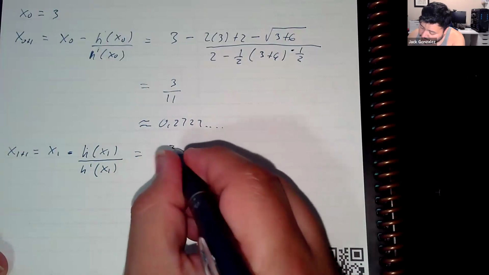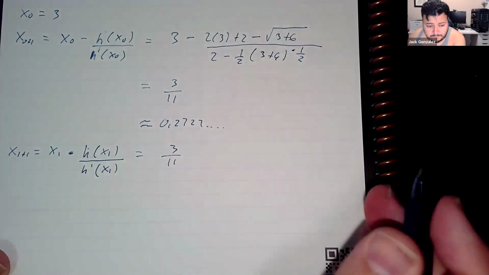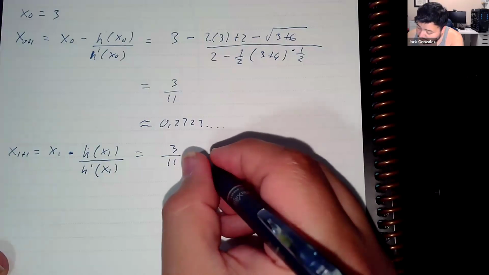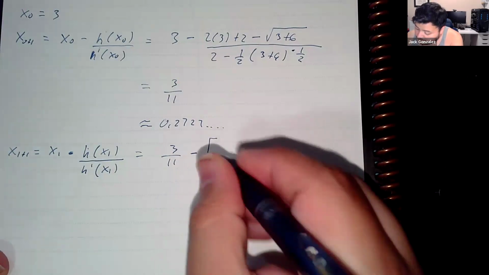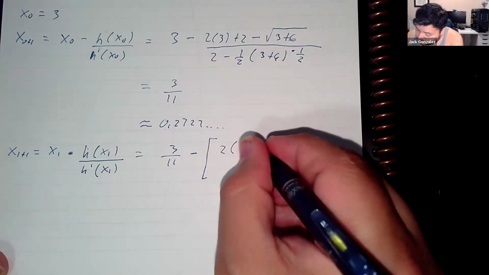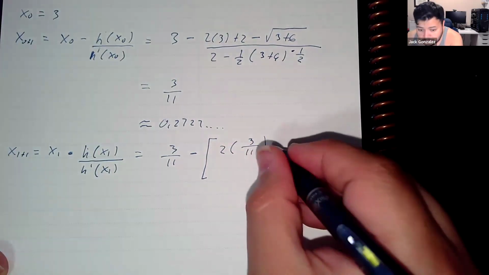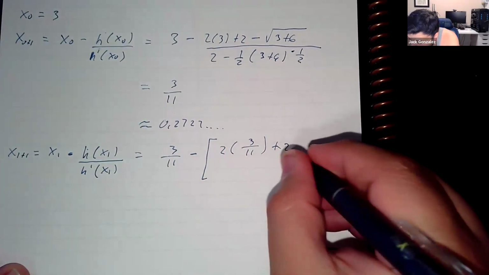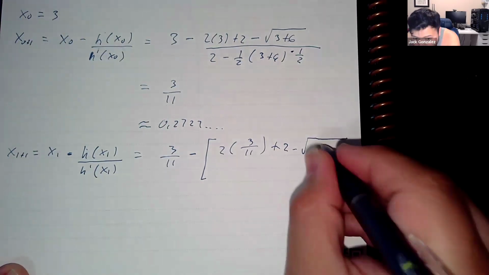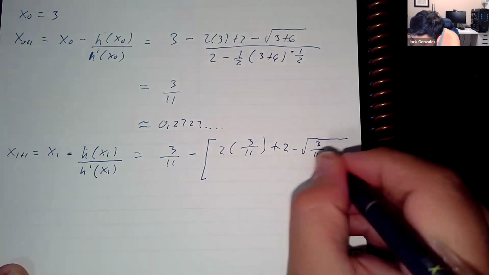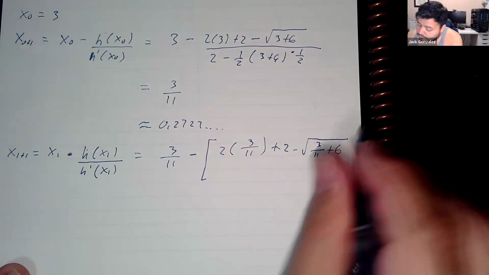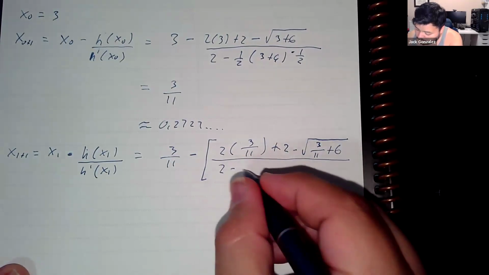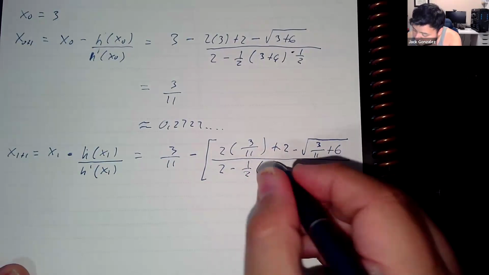So that would be 3/11, which is that 0.27 nonsense, minus all this stuff. Let's plug it all in.